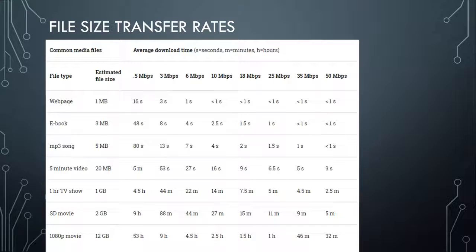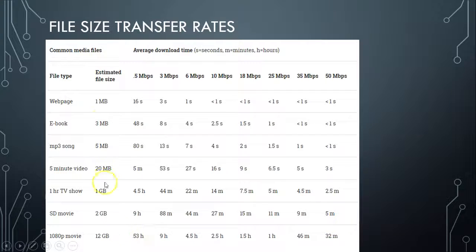Notice these are all in megabits per second, not megabytes. For example, a web page with an estimated file size of 1 megabyte: as you get higher in speed, the download time will decrease.